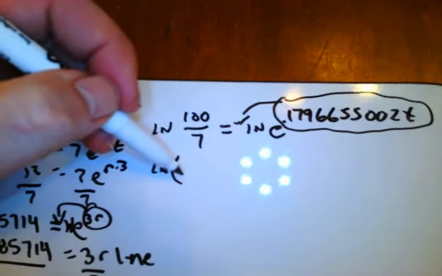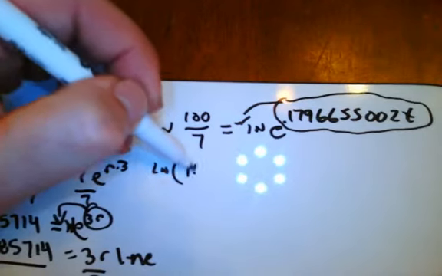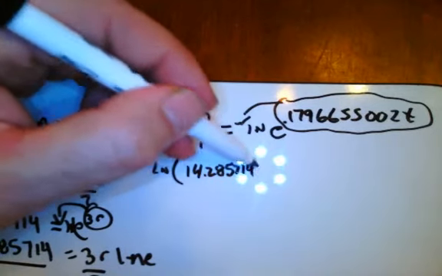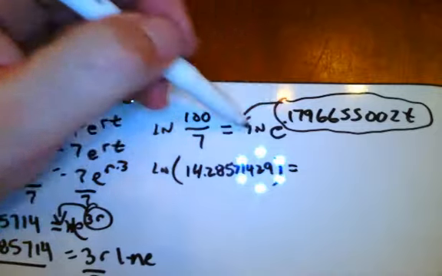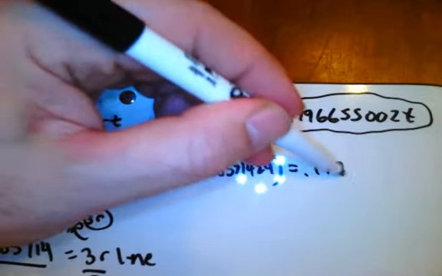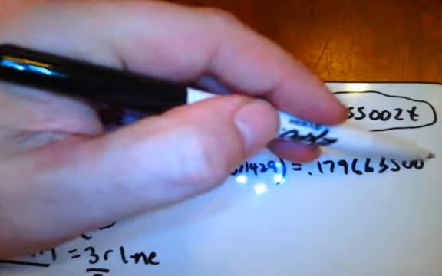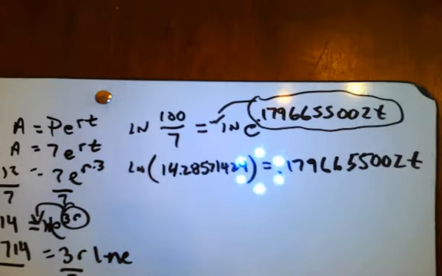So we're going to have ln of 100 divided by 7 is 14.28571429. And over here, we'll bring the power down and have 0.17966550002t.